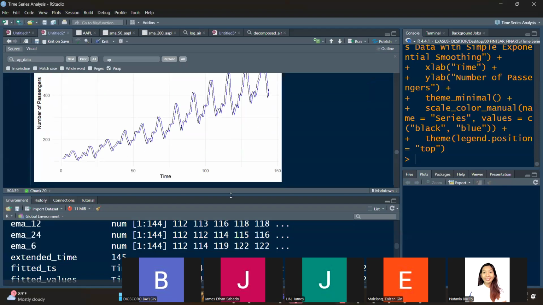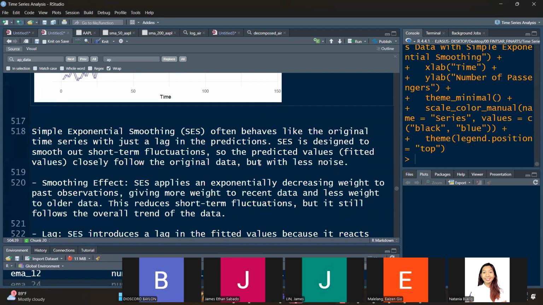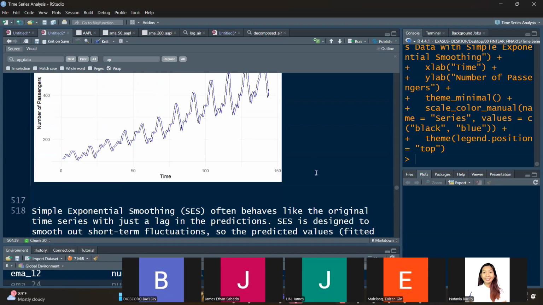I have here some explanations, class. SES behaves like the original time series with just a lag in the predictions. SES, your simple exponential smoothing, is designed to smooth out short-term fluctuations, so that your fitted values closely follow the original data but with less noise.